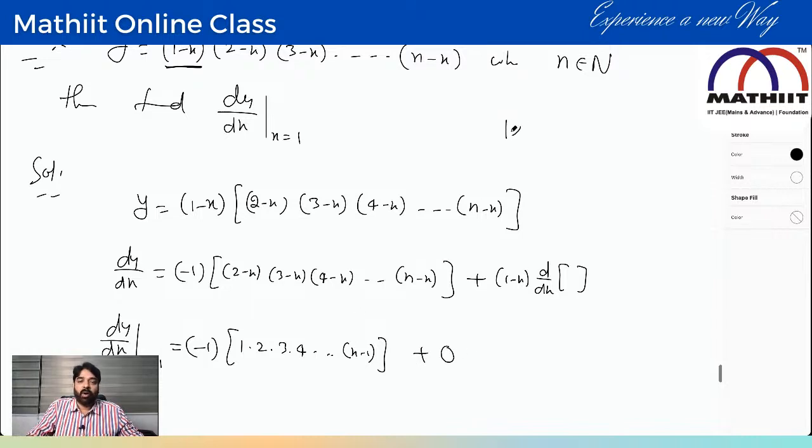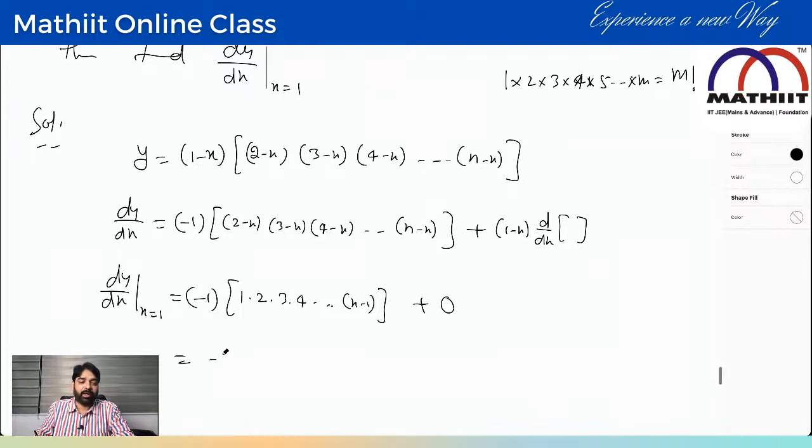All of you know 1 into 2 into 3 into 4 and so on till m is m factorial. So this value will become n minus 1 factorial. So minus (n minus 1) factorial is the answer of this question.